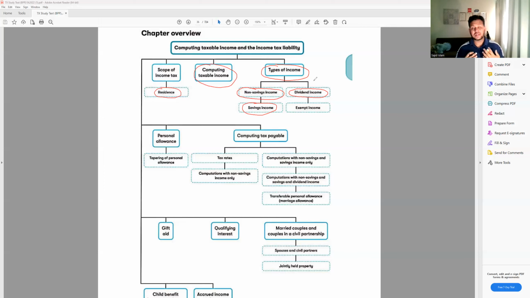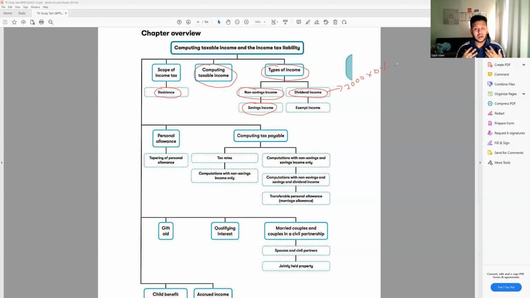Now, for example, if someone receives a £10,000 dividend, how much tax will be on this £10,000 depends on the total income. There are certain rules, but a few are very clear. For example, the first 2,000 of the dividend is always tax-free, so it will be zero rated, regardless of the person's income.